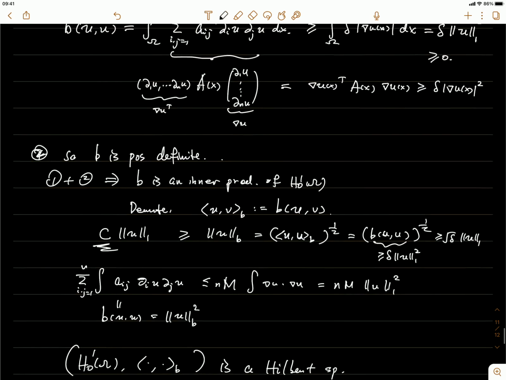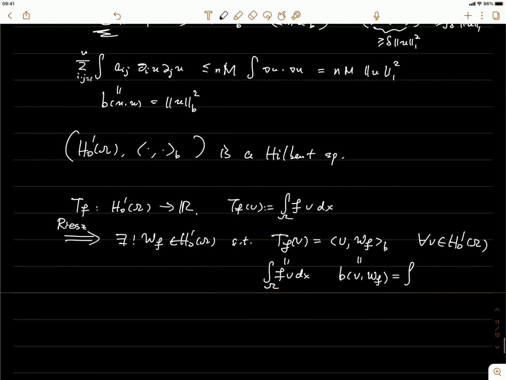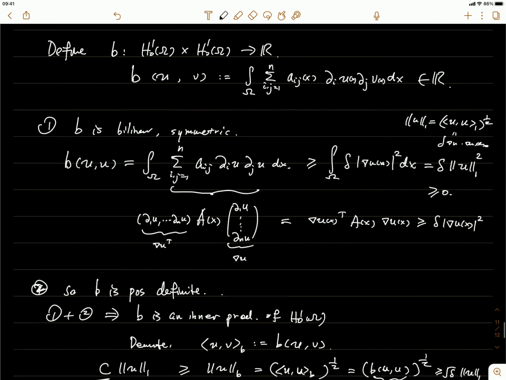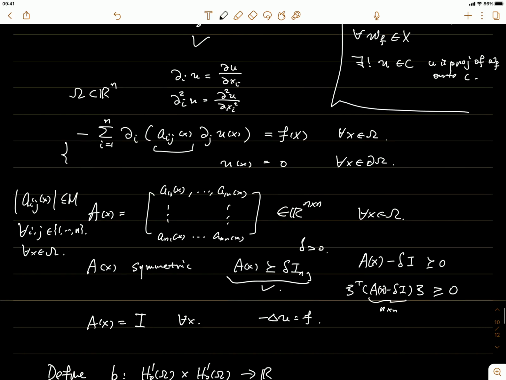So that is actually the weak form for the PDE, the sum over i, j of a_ij, d_i v, d_j w_f. So this means w_f is a unique weak solution to the PDE.